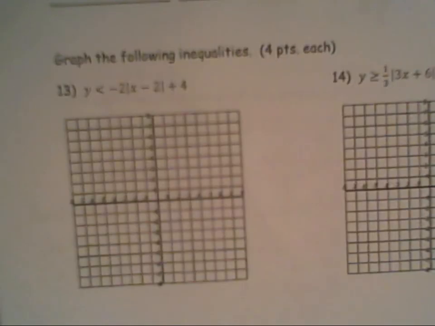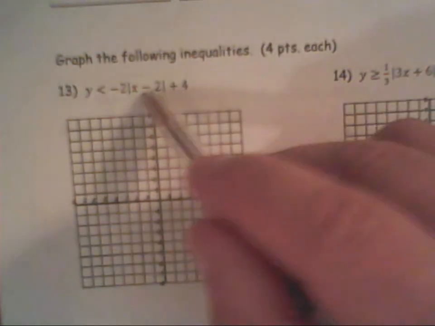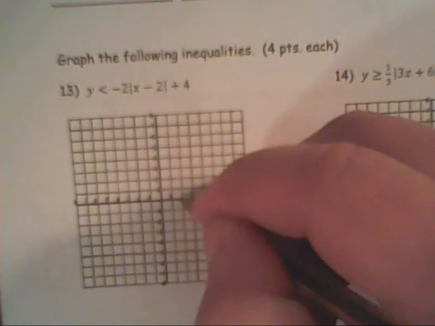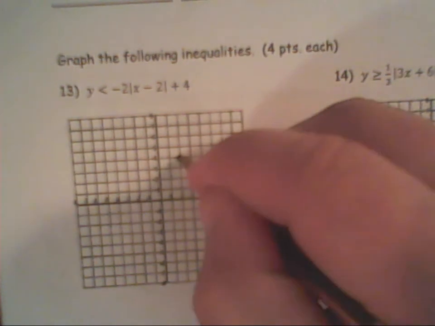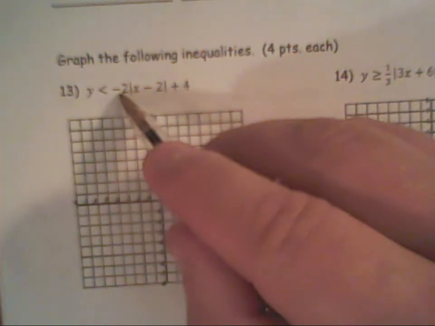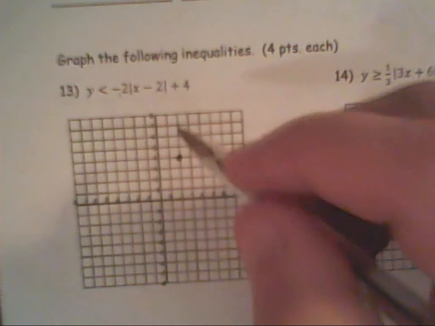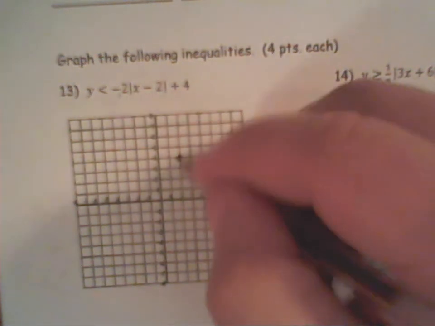All right, and then the last two questions here. Number 13, it says graph the following inequalities. And so we'd first have to find the vertex. So this is going to be at positive 2, positive 4, which is here. It's going to be opening down because the a value is negative, and the slopes are going to be plus or minus 2.